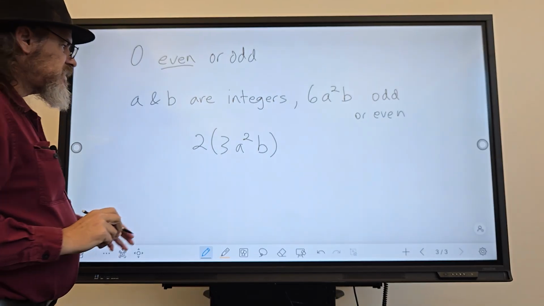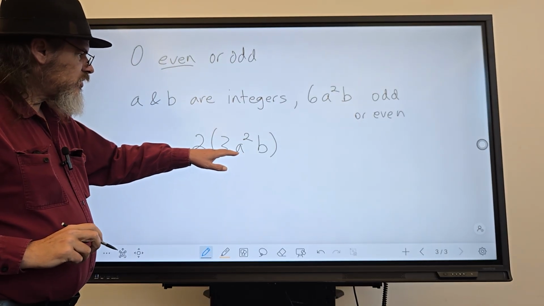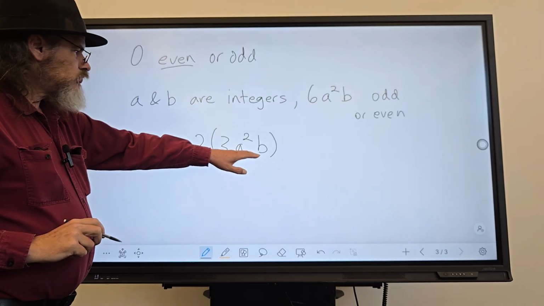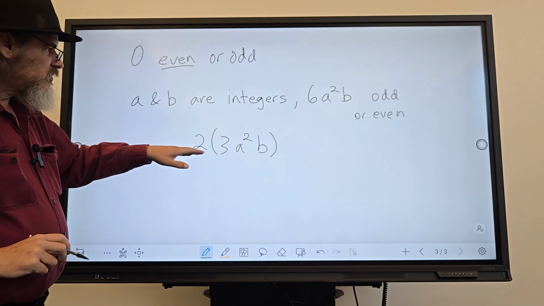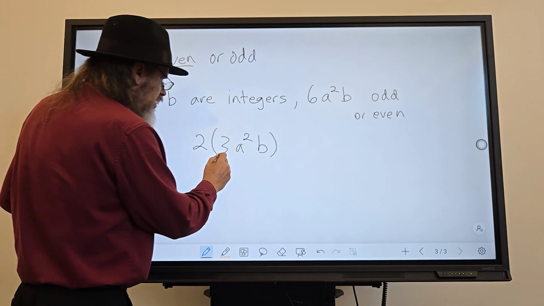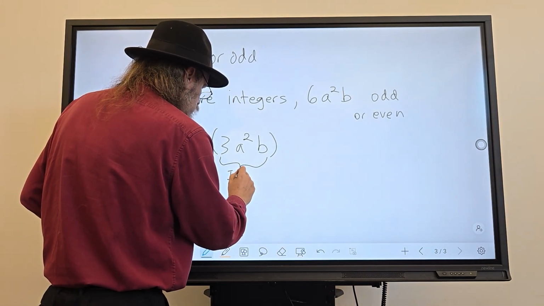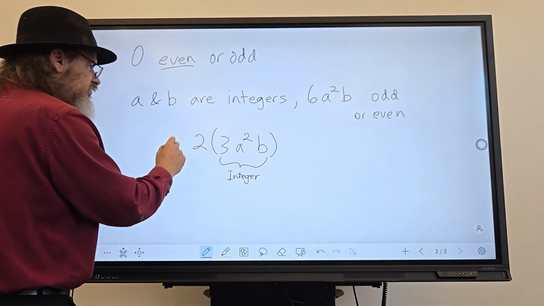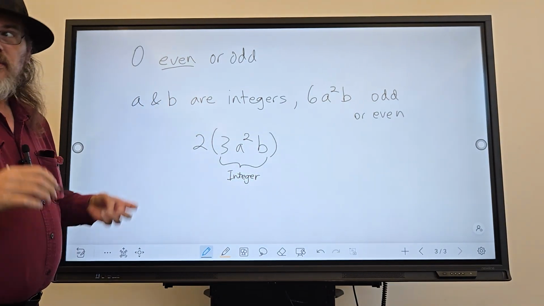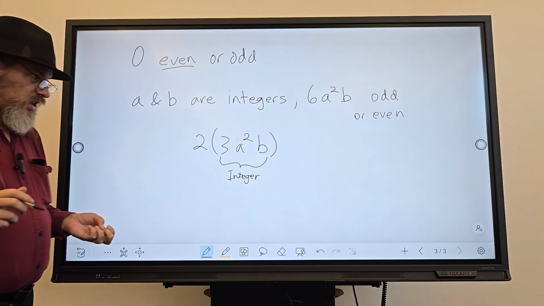And since integers are closed under multiplication, this here is an integer. Therefore, it's 2 times some integer. Therefore, it's even.